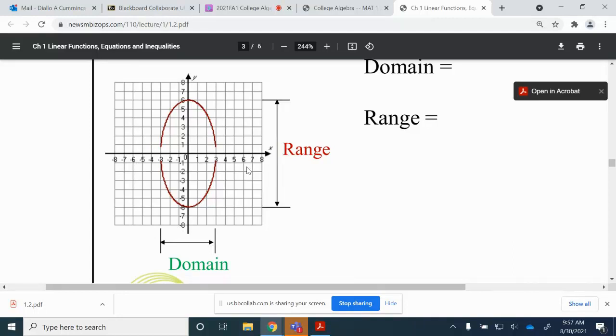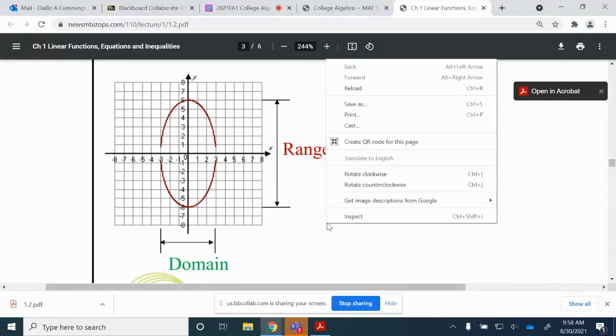So if I take a look at our graph, the domain runs from -3 to +3. Right? So that would be the domain for this function. It would be -3 to +3.